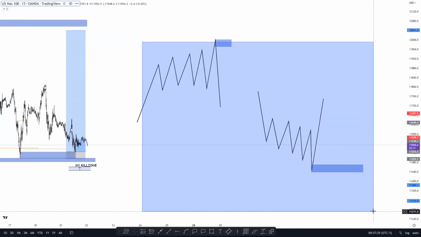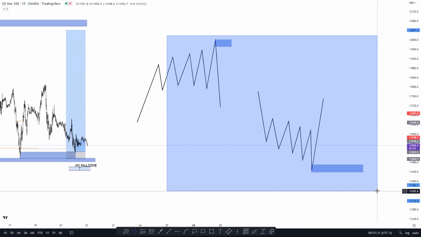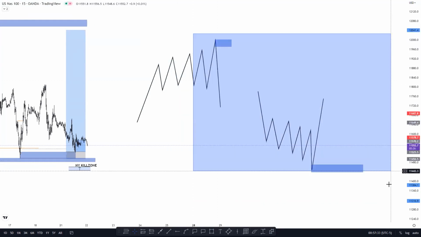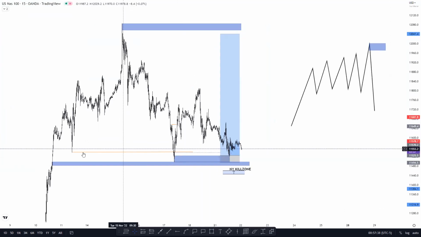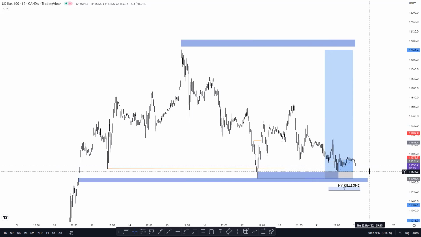So these are just basic things, not complicated things. You should try these things. Same thing here, the market came in, took out this as a liquidity, and this was the last low and broke above these two highs. So that is why I was looking for buys right here.